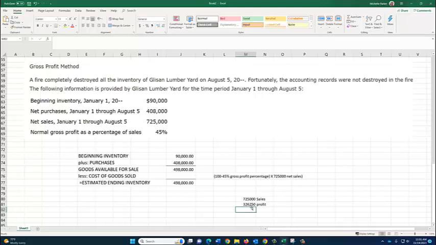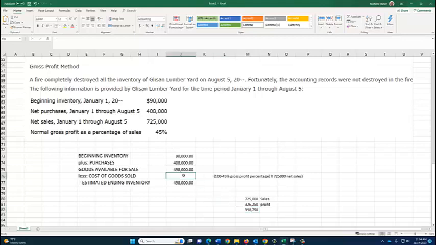So if I subtract 326,250 from 725,000, we'll get cost of goods sold of 398,750. And when we subtract that figure from the goods available for sale, we get our estimated ending inventory of 99,250.